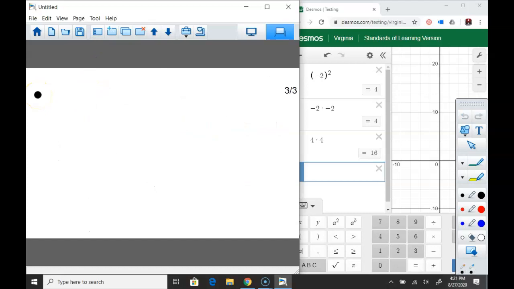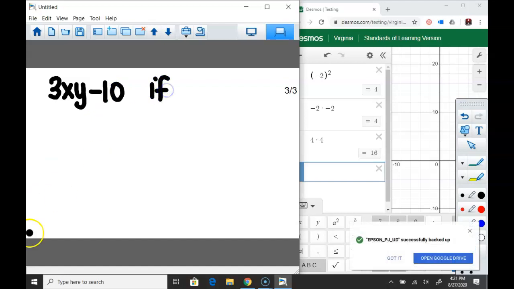Okay, next up. Let's evaluate 3xy minus 10 if we know that x is -5 and y is -4. So we're going to sub -5 for that x, sub -4 for that y.